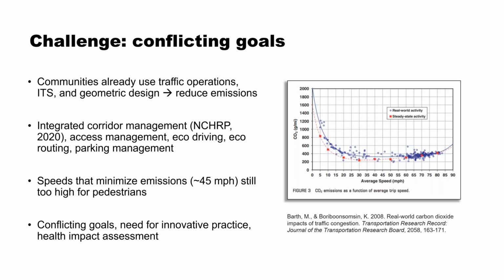If we have to have high speeds, how are we going to manage pedestrian exposure? We have to then have the right of way to create enough separation to make that a safer place, right? So this calls for that need, as Dan was talking about, for innovative practice. A health impact assessment can be a very useful tool for this as well, to untangle some of these relationships, but also potential conflicts.